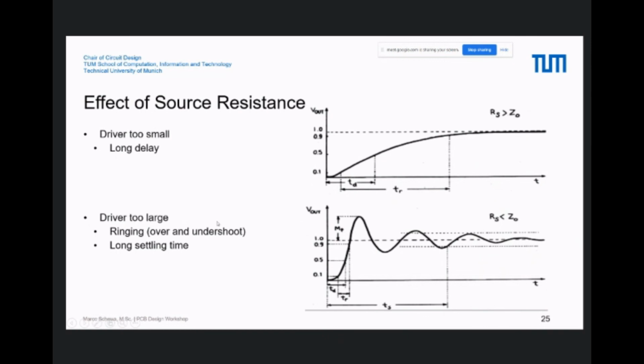And if your driver is too large, then you have, of course, overshoot and undershoot, and also a very long ringing here. Sorry, not long settling time. So if you design your PCB and measure it, and you see this one, then you know, okay, my driver is too large, so I have to increase my series impedance or my AC termination.